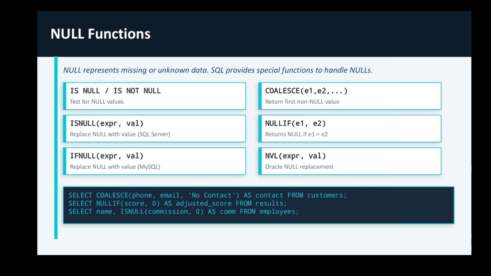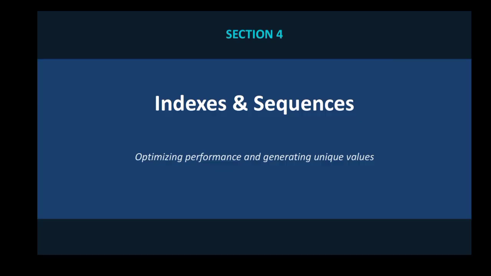SQL also provides dedicated functions to handle nulls such as isNull, nullif, and NVL, which is Oracle's equivalent of isNull. The example here shows the practical use, substituting a missing contact with a fallback, adjusting scores by treating 0 as null, and replacing null commission with 0 for payroll.